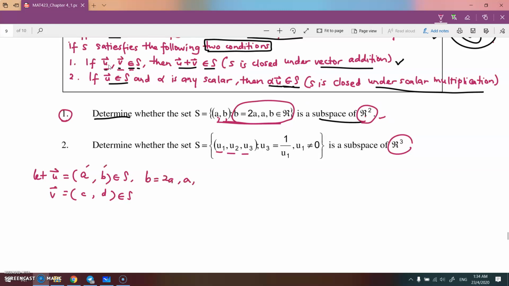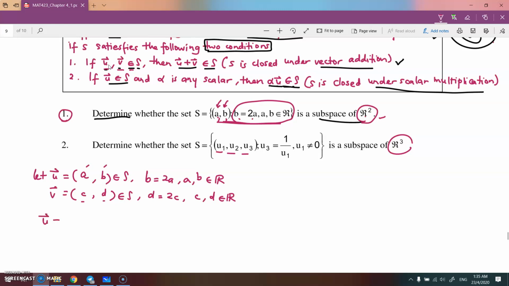Since you use AB, the condition would be the same. And for V, because you use CD, this is D equal to 2C. B is from the second component, 2A is from the first component, so D is equal to 2C.